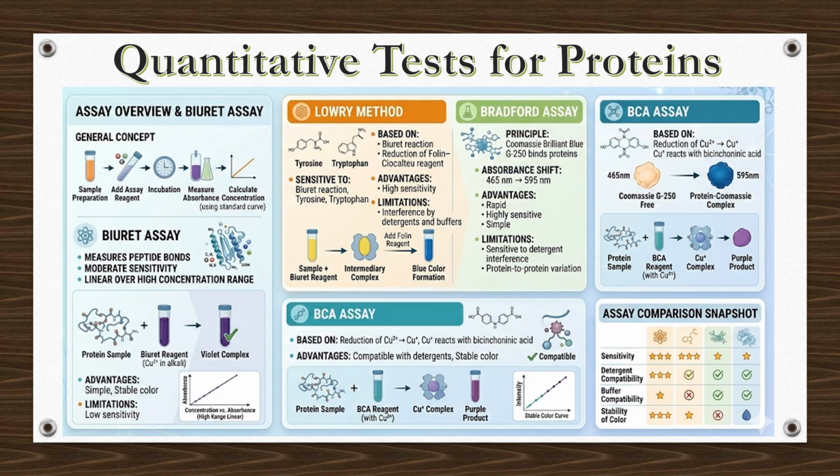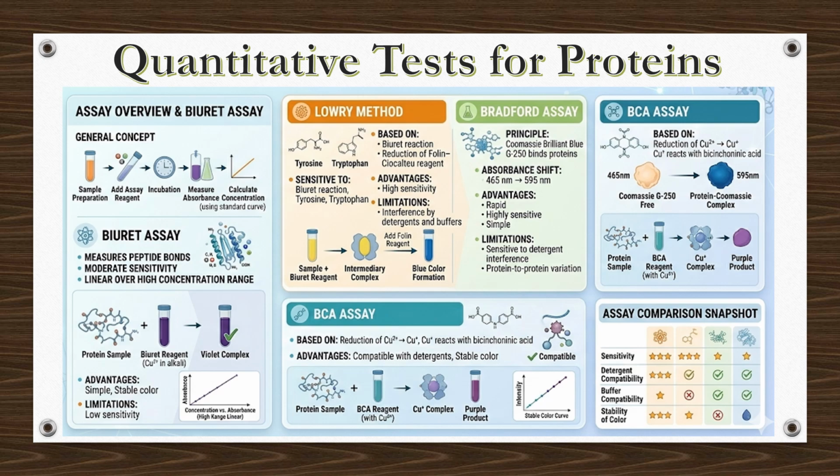The Kjeldahl method, a classical approach, determines protein content by measuring total nitrogen after acid digestion. It is highly accurate and remains the reference method in food and agricultural analysis, though it is labor intensive and cannot distinguish protein nitrogen from other sources.